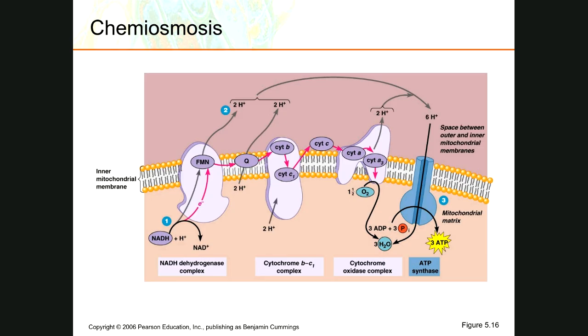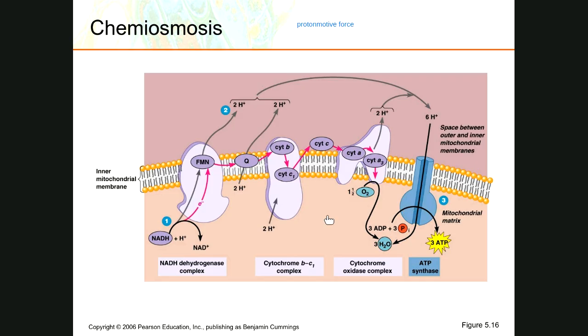So a concentration gradient is formed, and those hydrogens flow back through ATP synthase from their concentration being high into an area that's low, and they go through the enzyme ATP synthase. And so that physical movement of hydrogens is an alternate form of energy that ATP synthase uses to make ATP.